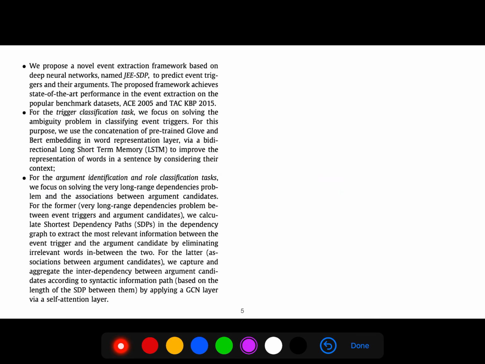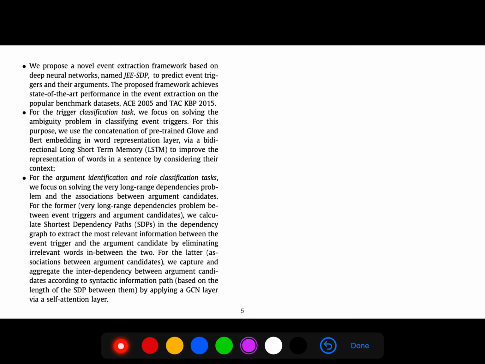We propose a novel event extraction based on deep neural net to predict event triggers and their arguments. And then for trigger classification, they focus on solving the ambiguity problem in solving event triggers. For argument identification and role classification, we focus on solving the very long-range dependency problem and the associations between argument candidates.